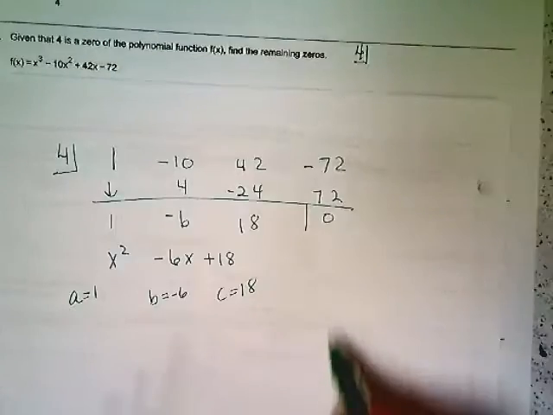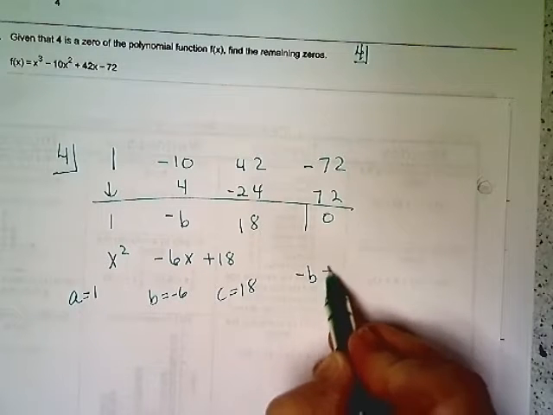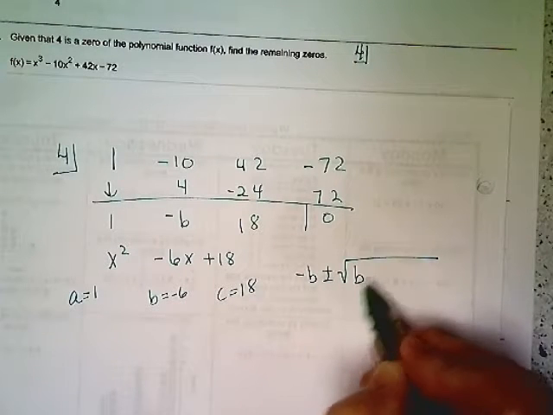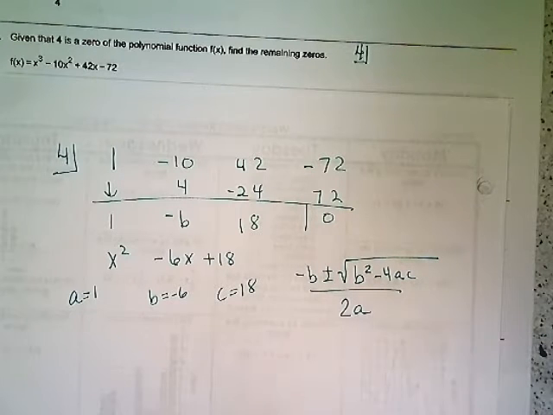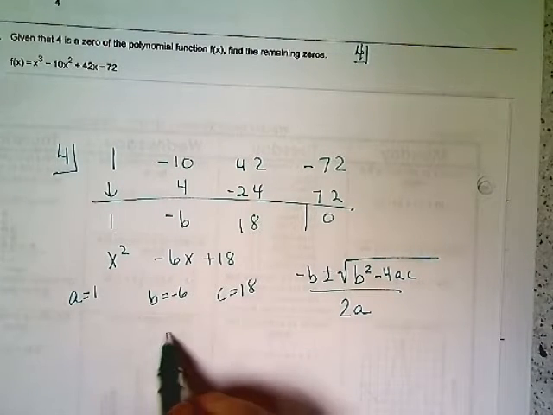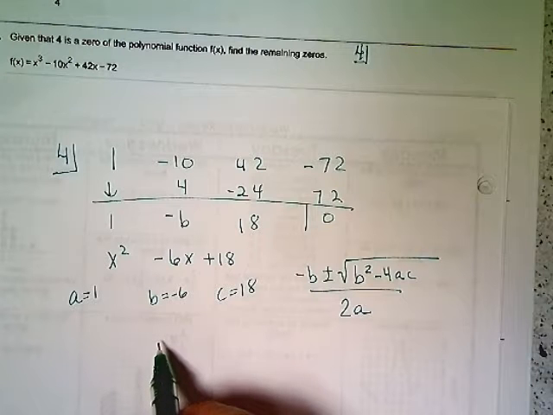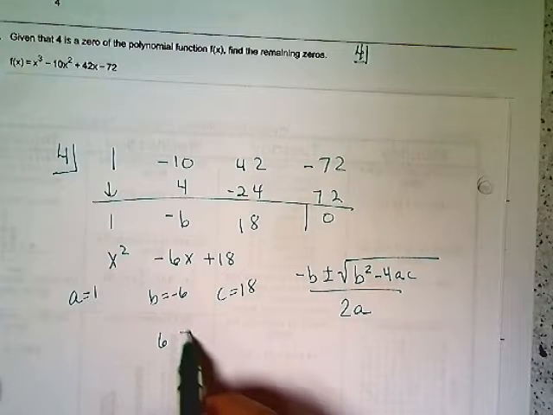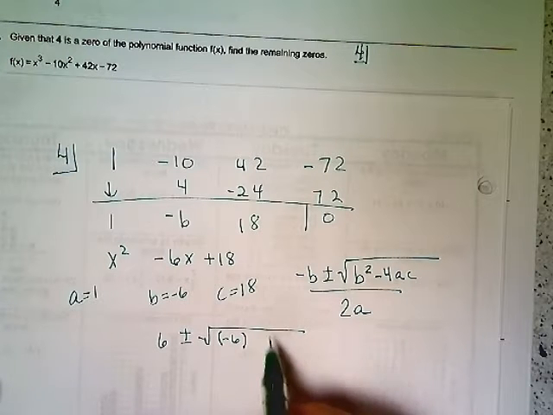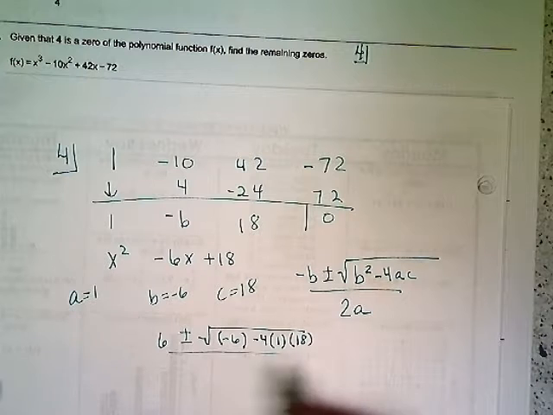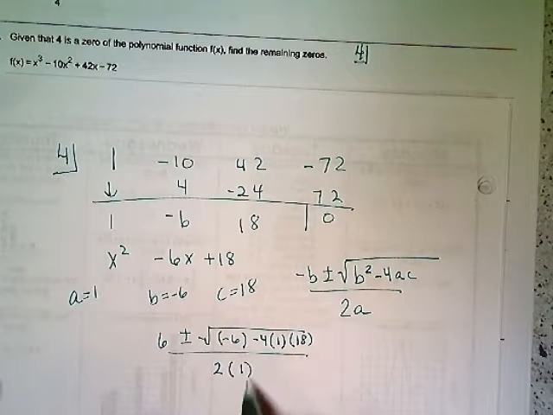And the quadratic formula says negative b plus or minus the square root of b squared minus 4ac all over 2a. So I'm going to plug my values in. So it's negative negative 6, so it's 6 plus or minus the square root of negative 6 squared minus 4 times 1 times 18 over 2 times 1.